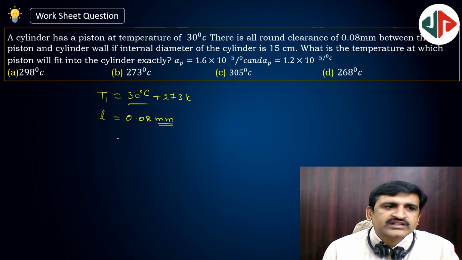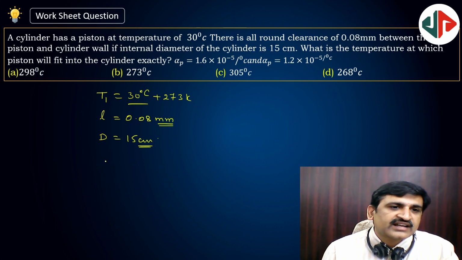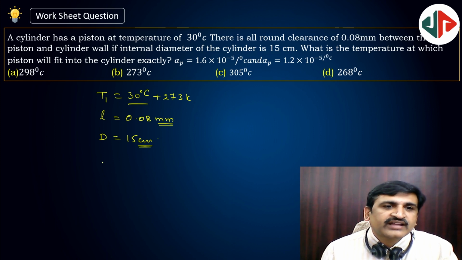Units must be checked, and internal diameter D is equal to 15 centimeters, so that we can find the volume. Units are different. What is the temperature at which the piston will fit into the cylinder exactly? So there is a gap and it must fit into the gap exactly.